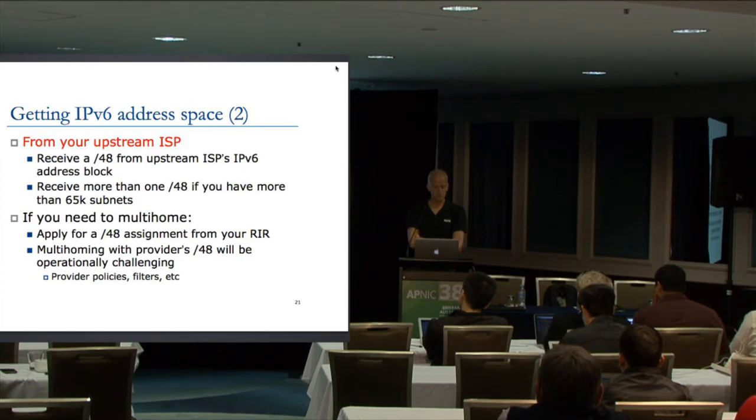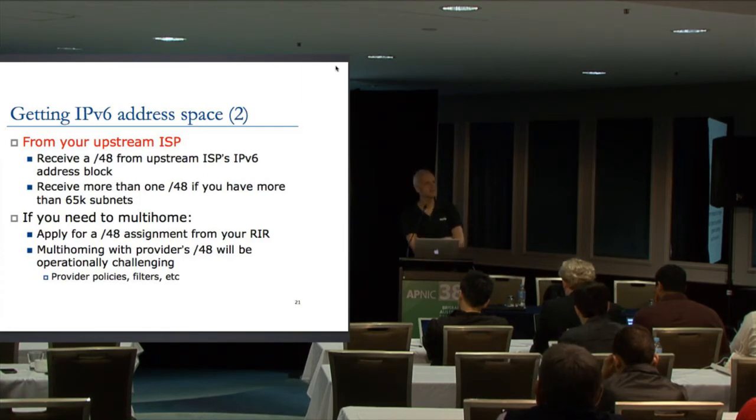If you need to multi-home, certainly many of the registries have a multi-homing policy whereby you get a /48 from the registry itself, a provider-independent /48. Multi-homing with the service provider's /48, well, technically it's possible. In reality, you'll have a term and condition from your service provider saying, thou shalt not announce my address space to anybody else, or we'll cut you off.